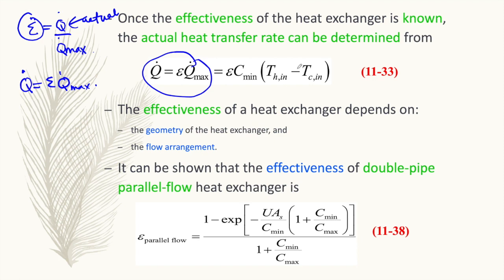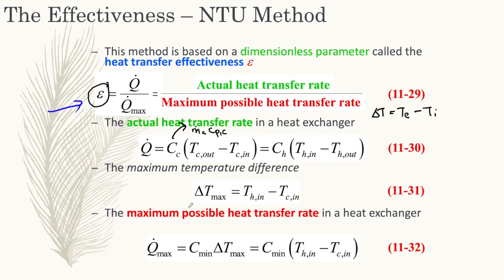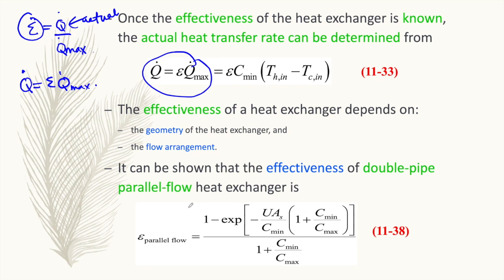It can be shown that the effectiveness of a double pipe parallel flow heat exchanger is this equation, epsilon parallel flow, equal to 1 minus exponential of minus UA_s over C minimum times 1 plus C minimum over C maximum, over 1 plus C minimum over C maximum. You don't have to worry because all these equations will be provided in the exam.